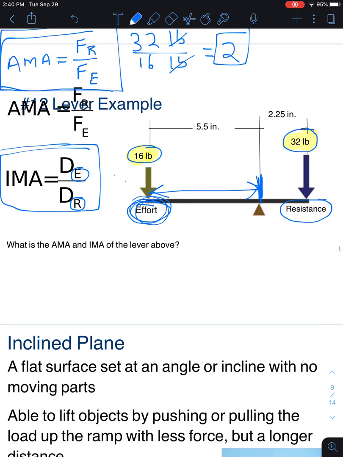So our effort distance is 5.5 inches. And our resistance distance, again measured from the resistance to the fulcrum, is 2.25.